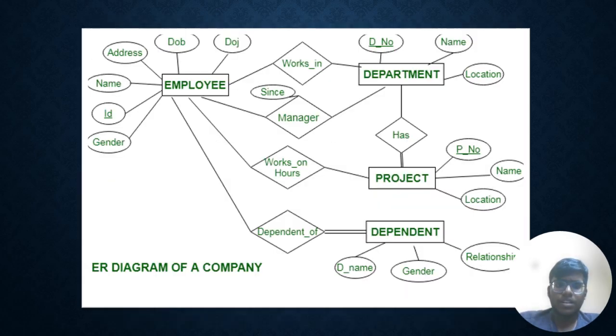Now let us look at an ER diagram of a company as given, with the employee, the department, the project, and the dependent, which are all connected using the lines from a relationship set to an entity set or an attribute set to an entity set.